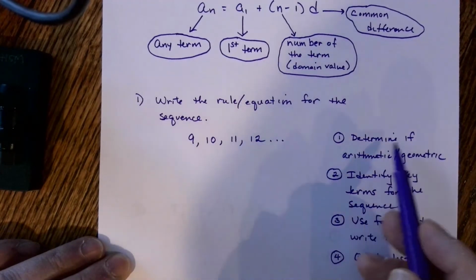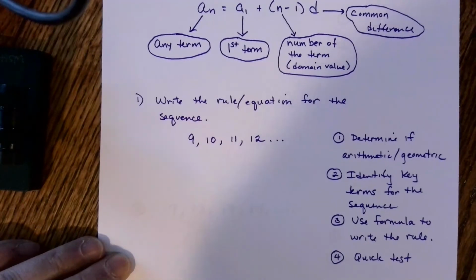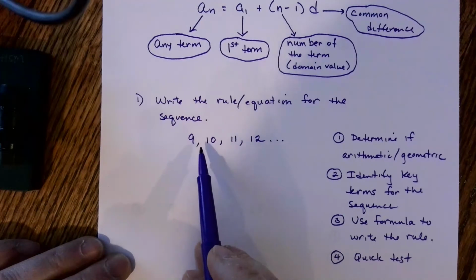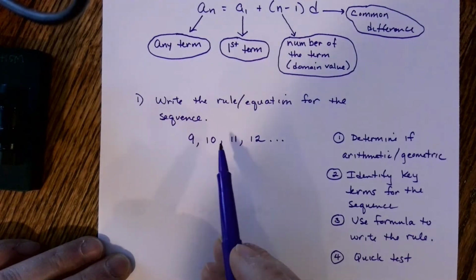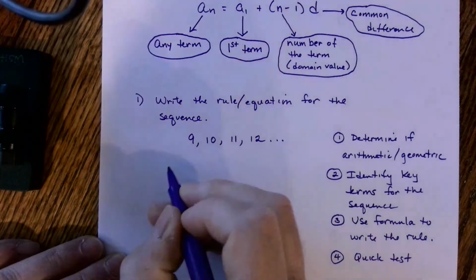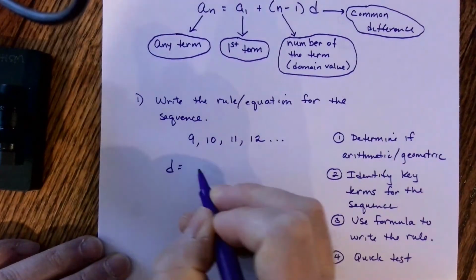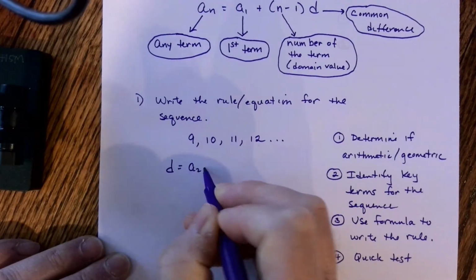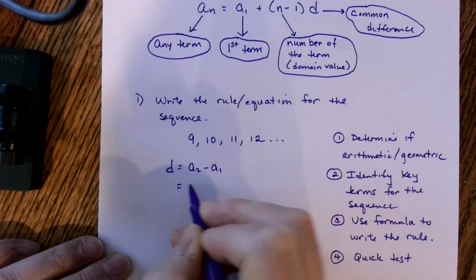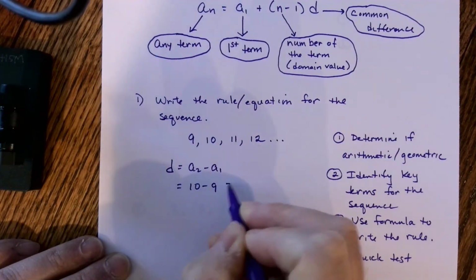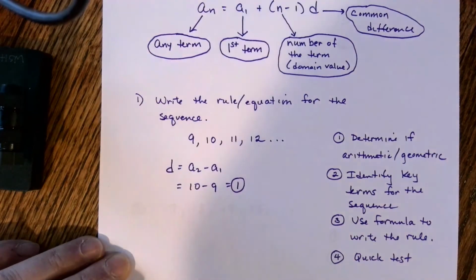The first thing we need to determine is whether this is arithmetic or geometric. By observation you can see that this is in fact arithmetic. If I add 1 to 9, I get 10, and so forth. But to formally calculate it, my common difference is the second term minus the first term, which is 10 minus 9, which is 1. So my common difference is 1.